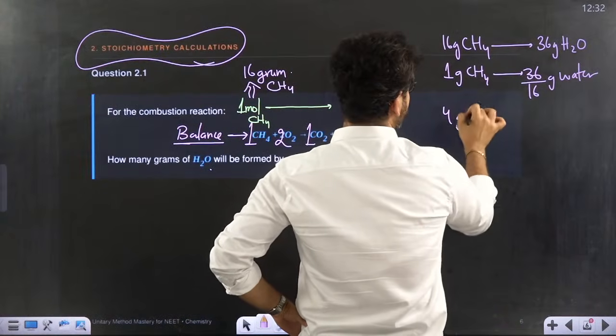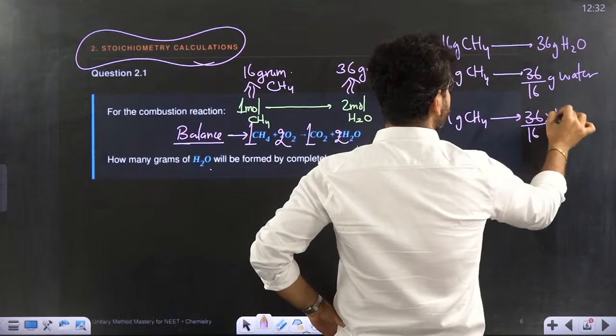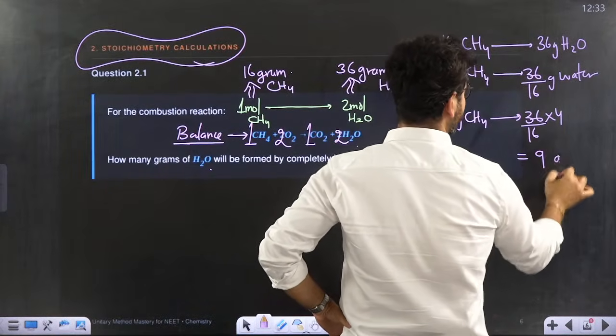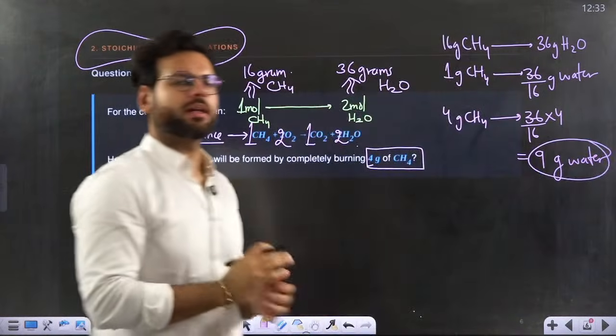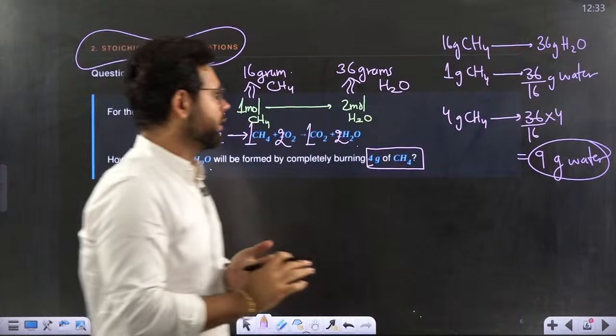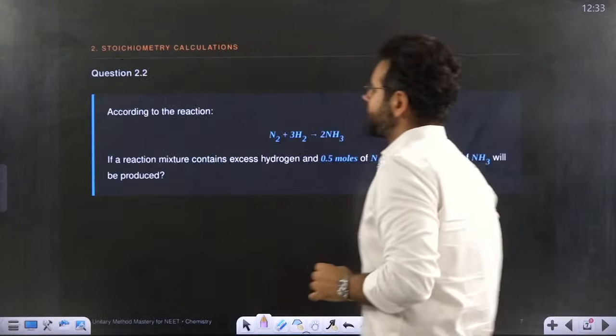And 4 gram methane would produce 36 by 16 times 4, which is 9 gram of water. That is absolutely correct, and it's good that you have done it correctly.